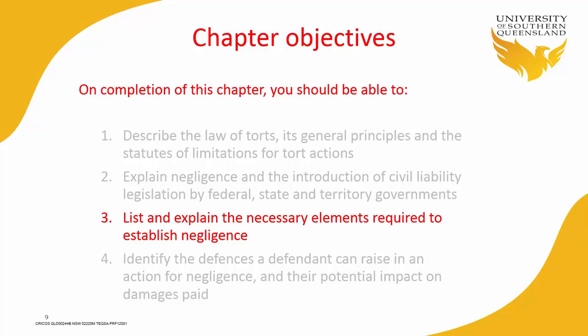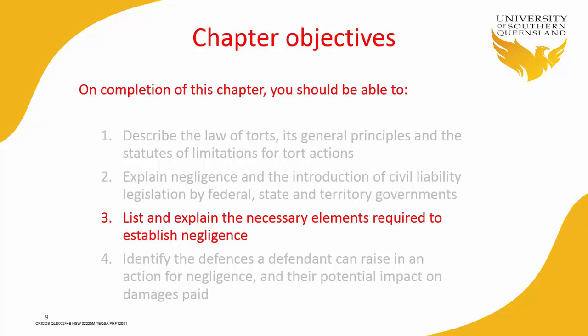Let's then talk a little bit in relation to what's known as the Ipp report, and this was basically a report to try and limit the compensation that was given under the common law cause of action of negligence.